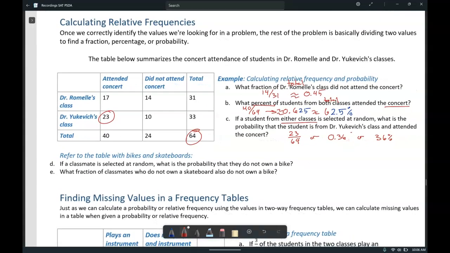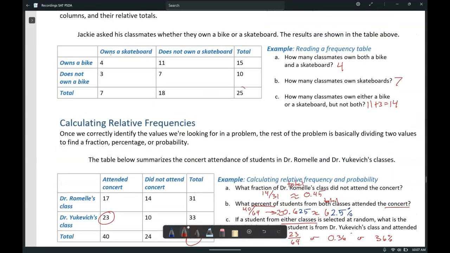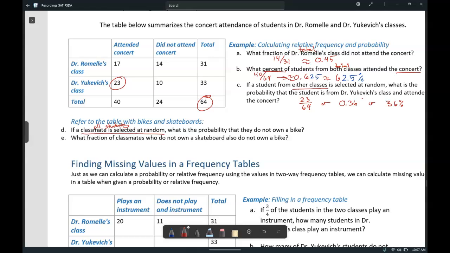Now we'll refer to the table we had above with bikes and skateboards. If a classmate is selected at random, what is the probability that they do not own a bike? So a classmate is selected at random. That's going to be all students. So all students, the total is the 25. What is the probability that they do not own a bike?